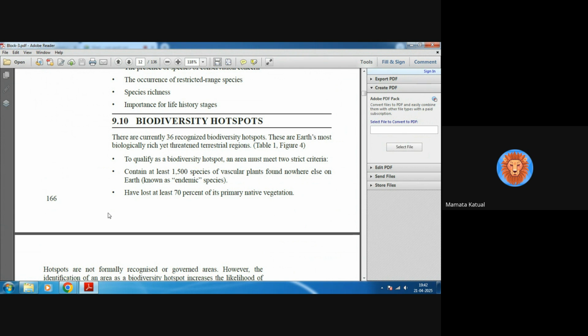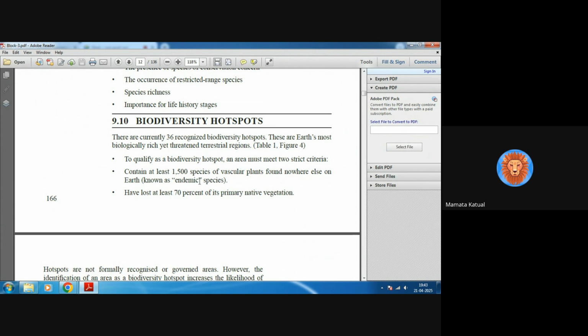One is, it must contain at least 1500 species of vascular plants found nowhere else on Earth. So we have to study only the vascular plants.